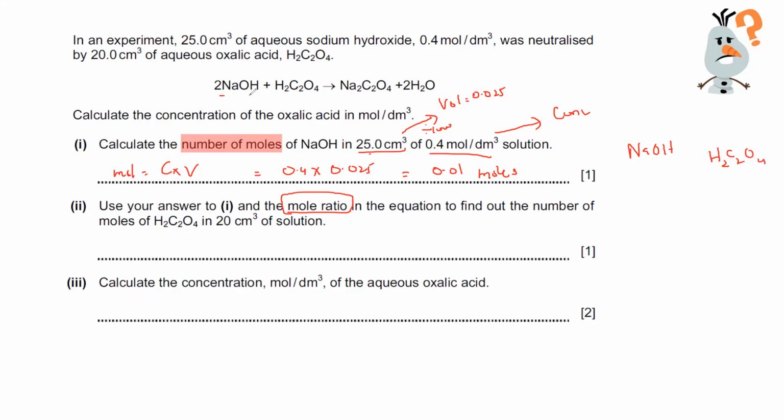When you check the equation, what is the ratio between sodium hydroxide and oxalic acid? How many moles of sodium hydroxide are there according to the equation?